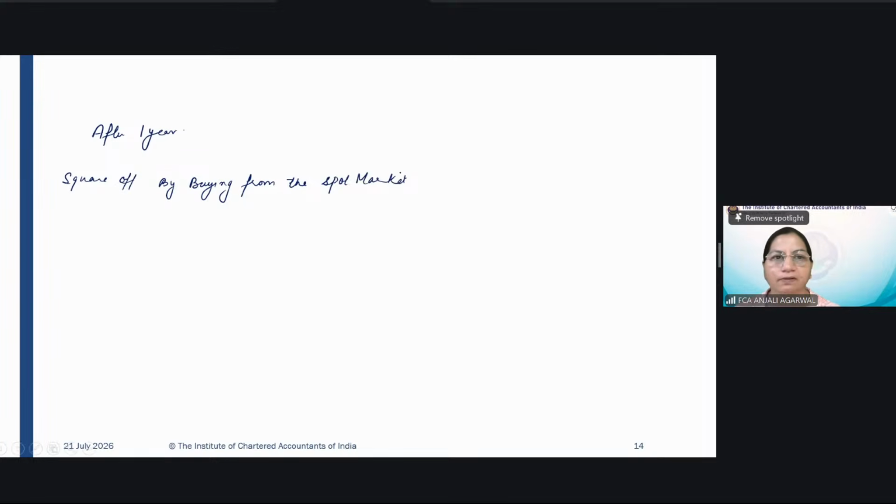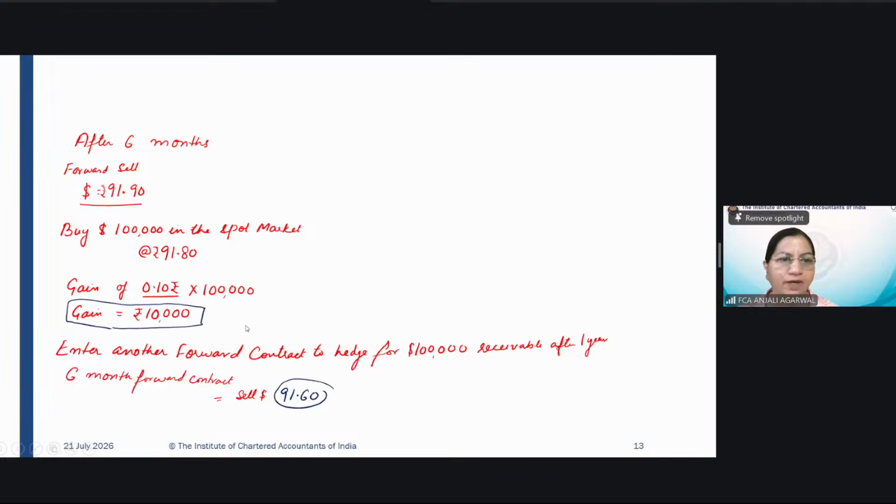So you will buy in the spot market to be able to sell the forward contract which you have entered.